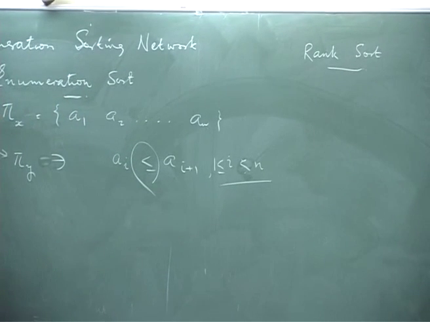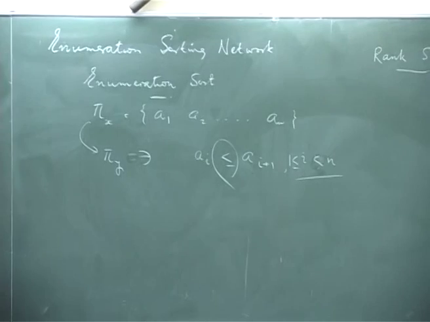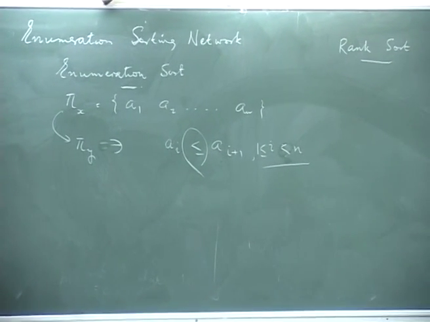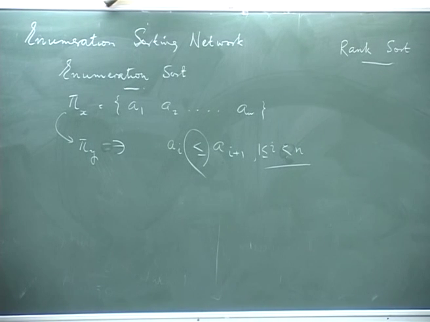What it does is, to tell whether ai is greater than aj, ai has to be compared with aj. So you take one element, compare it with every other element, and see what its rank is with reference to every other element.